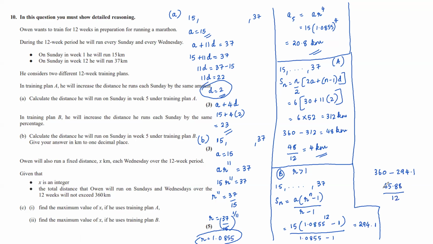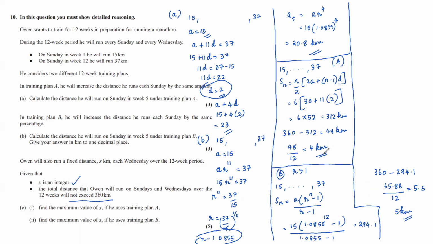You will get this as 5.5. The problem here is that it should be an integer. So the maximum distance that he can cover is 5. If he's taking the integer as 6, then he will exceed 360 kilometers, which we don't want, because it should not exceed 360 kilometers.